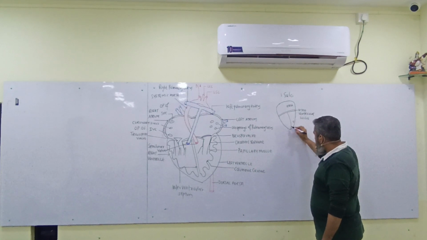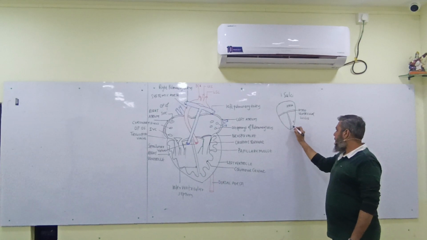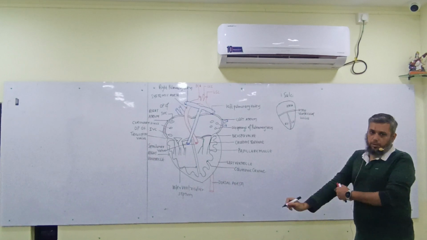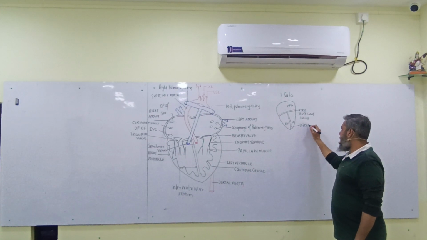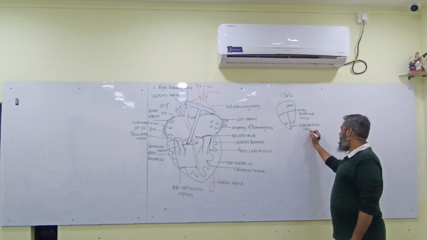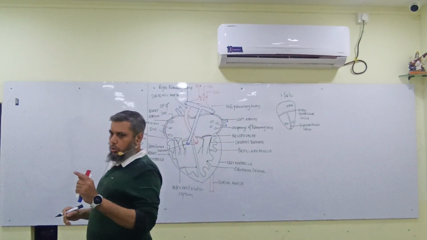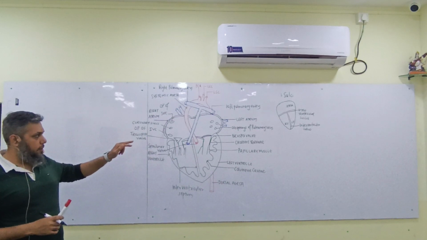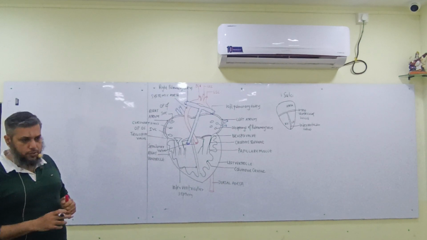Then you'll see another sulcus which will separate the left ventricle from the right ventricle, and this is called the interventricular sulcus. It has 2, anterior and posterior. Okay, 2 main sulci, did you understand? One divides between the atria and ventricles, the atrioventricular, and what is the other? Interventricular sulcus.